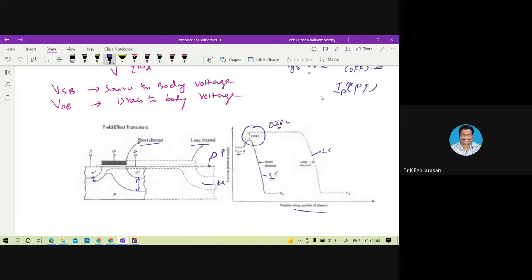In this portion, VS is equal to 0, and this is your drain voltage. Now from this point, DIBL is enhanced at high drain voltage and shorter channel length.